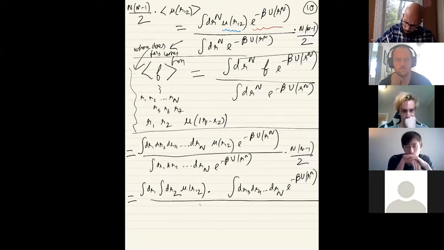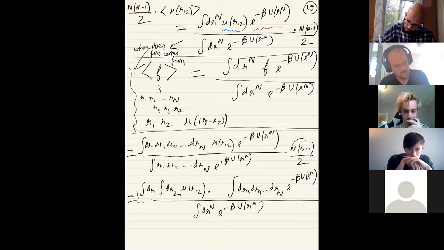In the denominator, I'm not going to do anything, so I will just rewrite it in the form that I had earlier, minus beta capital U of Rn. And now I'm going to do one trick, which is to take this thing over here and write it as a half up front and an n minus 1 over here.